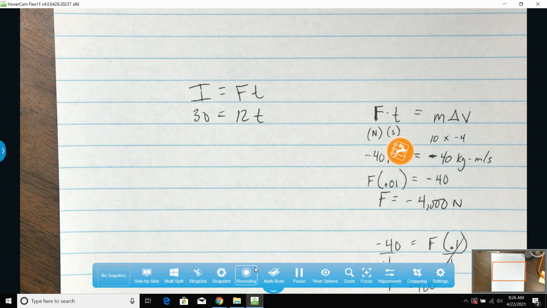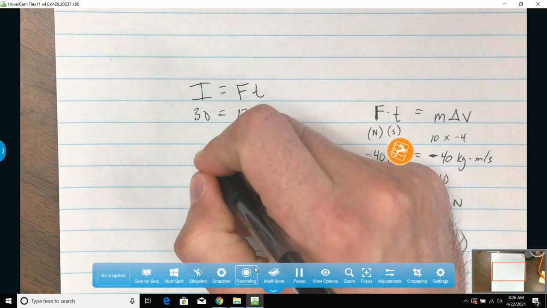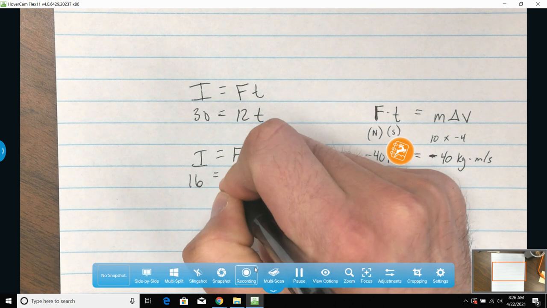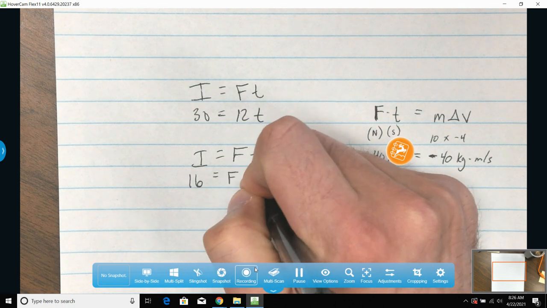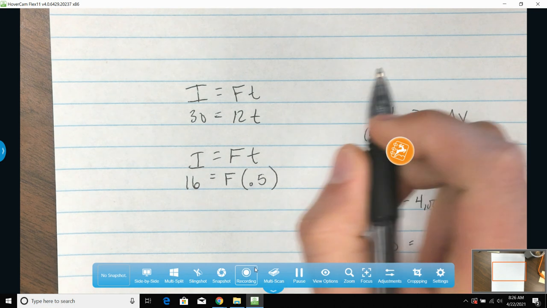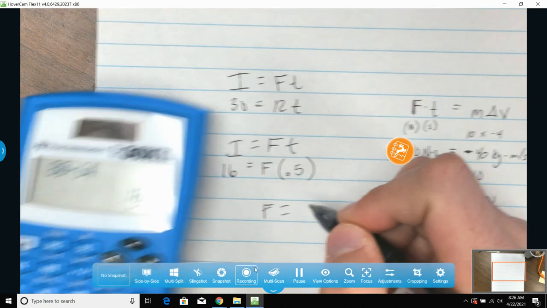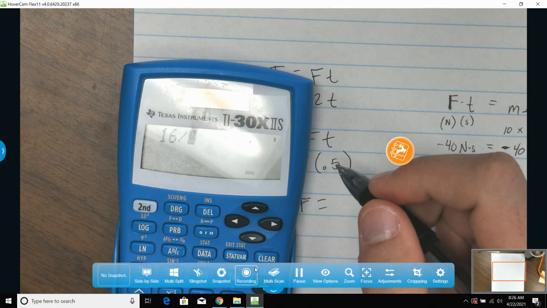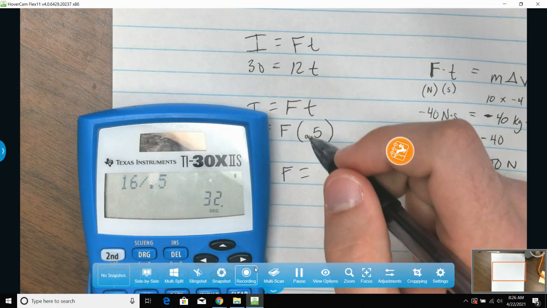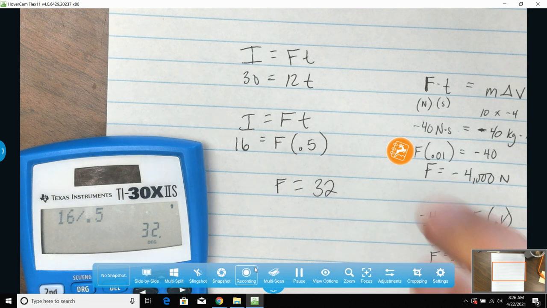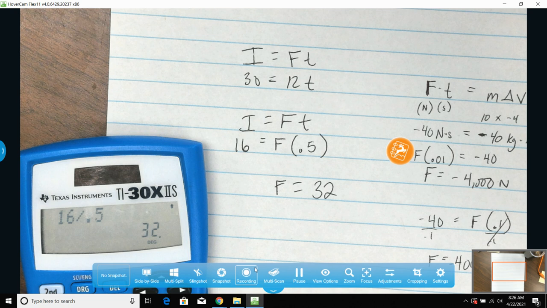And then if our impulse is 16, we don't know what the force is, but we know that the time is 0.5 seconds. 16 divided by 0.5 would give us what? 16 divided by 0.5 is 32, not 8. 16 times 0.5 would be 8.